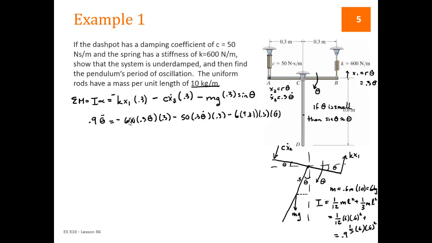If we solve this out with all the numbers, we can reduce it to an equation that is 0.9 theta double dot. We're going to move everything over.